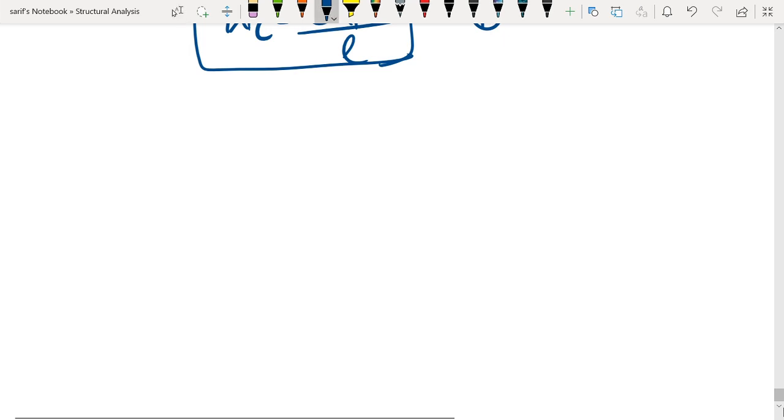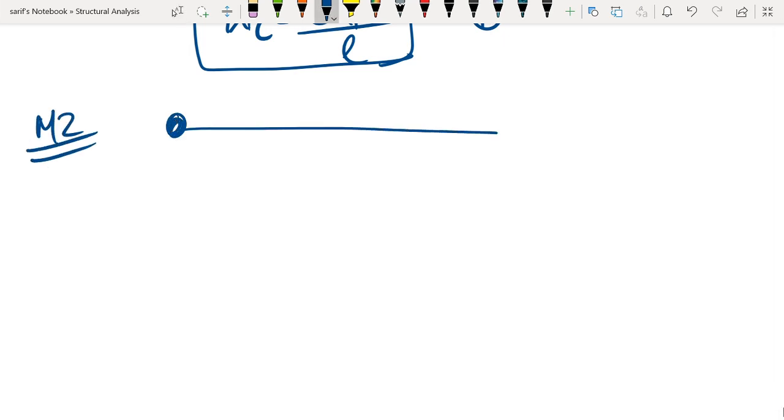Now let us try mechanism number 2. In mechanism number 2, let us assume plastic hinges again to be formed at the fixed ends.